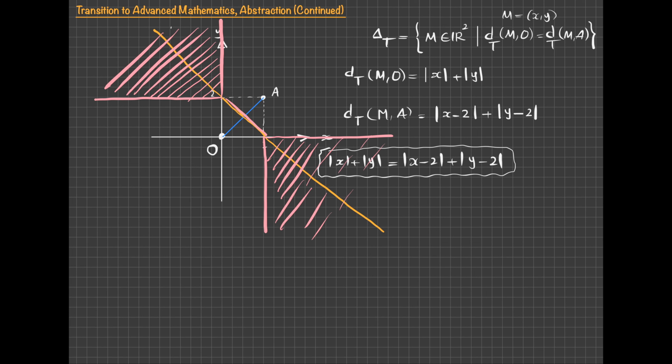So these pinkish parts, let me call them all the pinkish part. This is delta taxicab, but this one is delta Euclidean. Okay, so this shows that there is actually a very big difference between these two metrics.